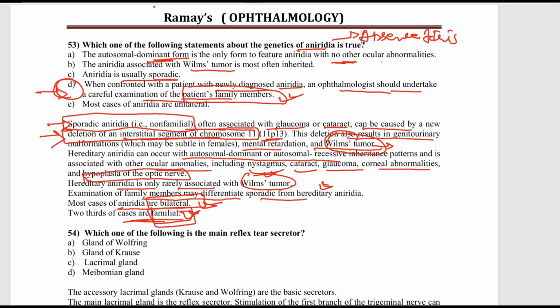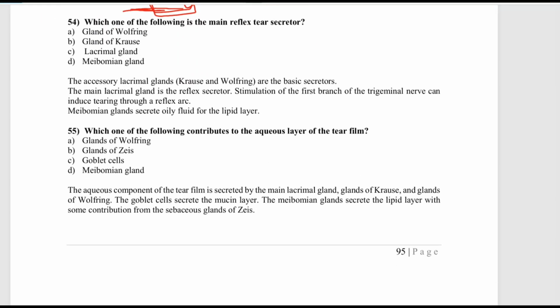Our next question is, which of the following is the main reflex tear secretor? Reflex tear means that there is some kind of stimulus that leads to the tear production. We all know that the accessory lacrimal glands, the glands of Krause and Wolfring, are the basic tear secretors under the normal conditions, while the main lacrimal gland is the reflex secretor.